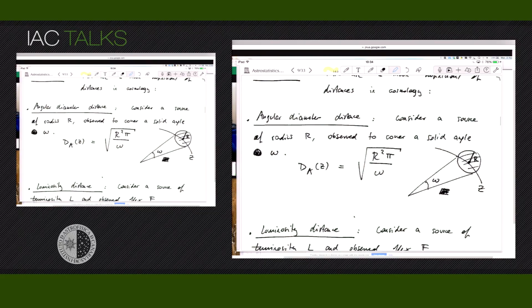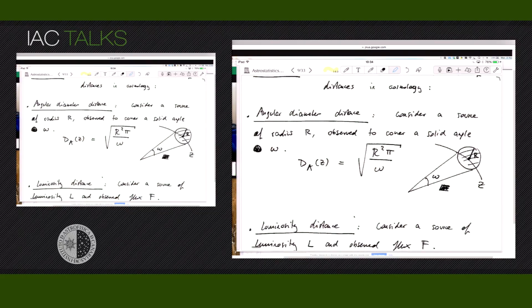One is the so-called angular diameter distance, where you consider a source of radius r on the sky, and you observe it to cover a solid angle omega, an apparent angle omega on the sky. And then you define the angular diameter distance dA here as the square root of the ratio of the area of the figure on the sky divided by the subtended solid angle.